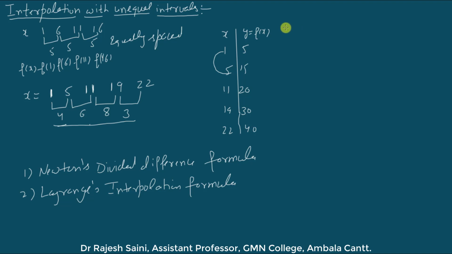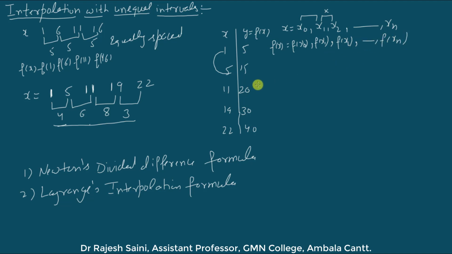What is divided difference? Like we are given the values of x as x0, x1, x2, xn, and these values are not equally spaced. The difference between x1 and x0 is not equal to the difference between x2 and x1. The value of f(x) is f(x0) at x0, at x1 it is f(x1), at x2 f(x2), and f(xn).